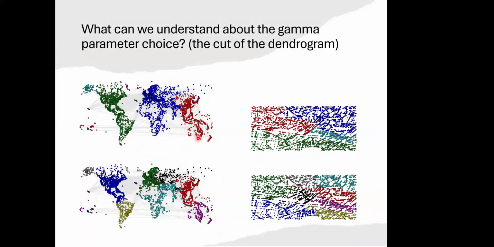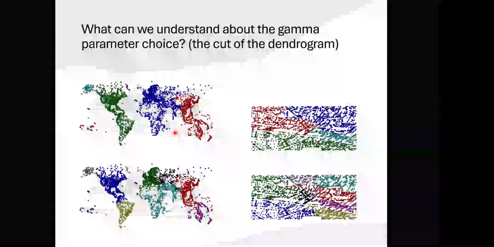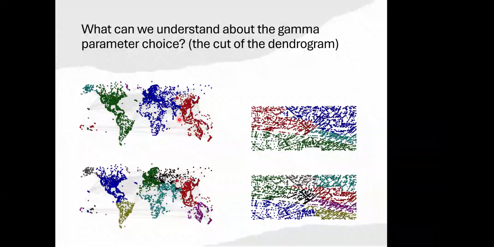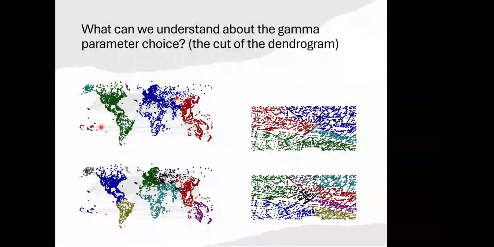We can decide that having whole Asia in one cluster and whole America in one cluster is good. Some people will say it's interesting, some people will say less, and we see that Alaska is in a separate cluster. We can see this as interesting.